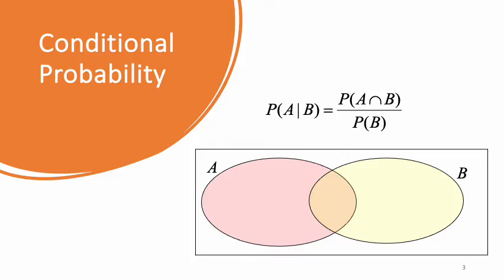Let's interpret this with a Venn diagram example. Imagine there is a database that records various characteristics of candidates for the basketball draft. In this database, let A represent the set of thin individuals and B represent the set of tall individuals. Suppose a coach looking for a thin candidate learns that the next candidate is tall.